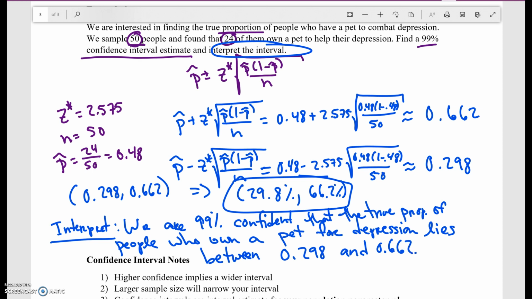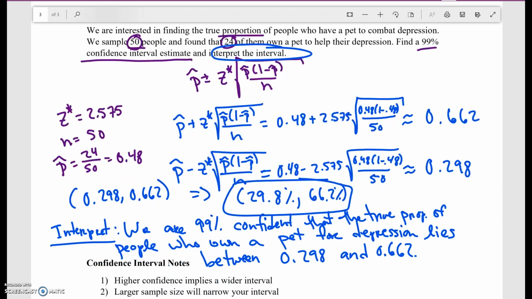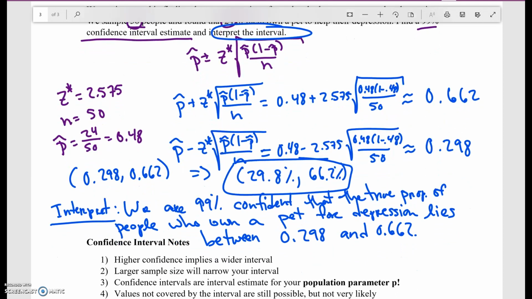Yes, you do have to write it. You have to write all of that. Okay, so it's very self-explanatory. Plug things into the formula, put it in the calculator, keep track of your z star, and that's basically all it is.